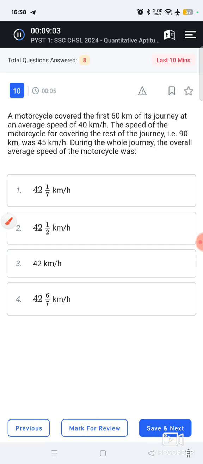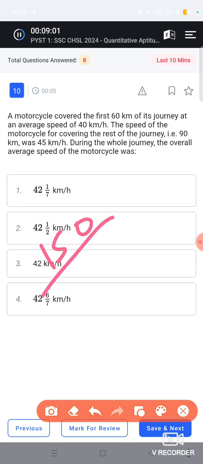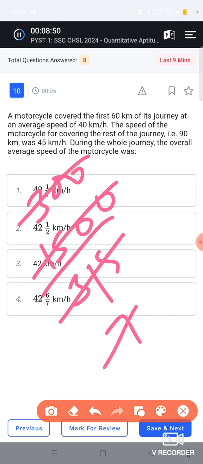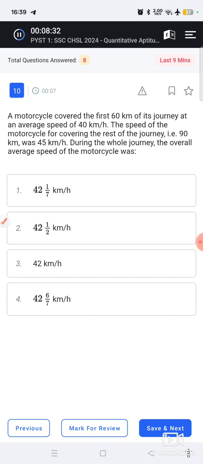Then total distance is 150 divided by 3.5. Cancel 0 and 5, so 300 by 7. 300 by 7: 7 fours are 28, 2 remaining, 20, 7 twos are 14, remainder 6, then 60, 7 eights are 56, so 42 point something.